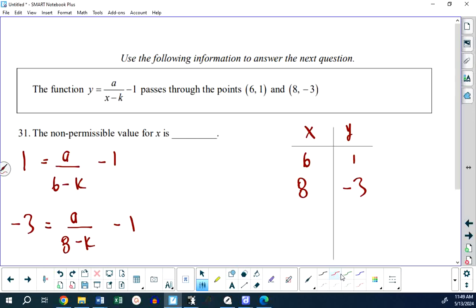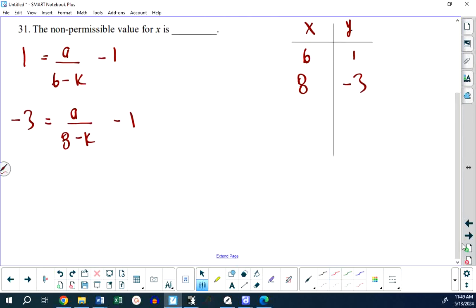I'm getting negative 3 out for y. So I have to solve those two equations, and I would highly recommend just adding this 1 to both sides. You could multiply everything by 6 minus k, but I think it's better to get rid of that constant first, or to collect your constants.